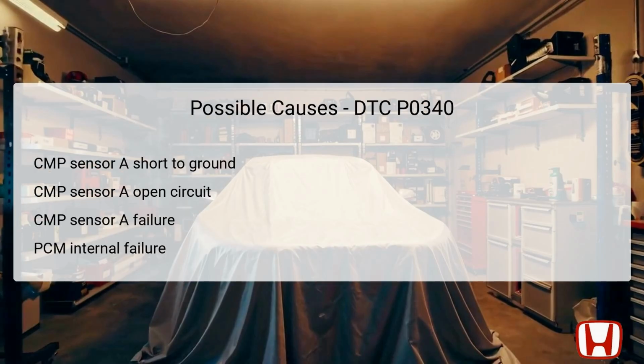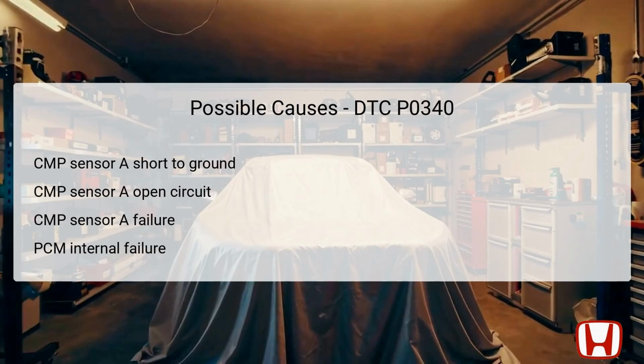There are several possible causes for the DTC P0340, and understanding these can assist in effective troubleshooting. First, a short to ground in the cam line can prevent signals from reaching the PCM. Secondly, an open circuit in the cam line could also lead to a lack of signal supply.